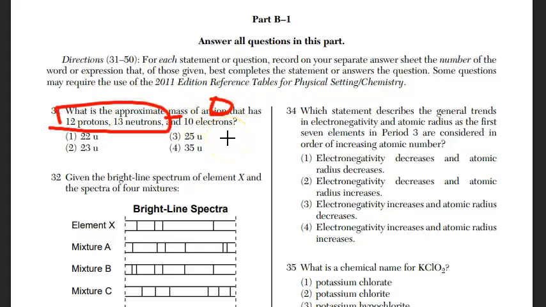It doesn't mean electrons don't have mass, but it is so small, approximately 1/2000th the mass of a proton or a neutron, that we ignore it. So just take your 12, add 13 to it, and you get your answer of 25, or choice 3.